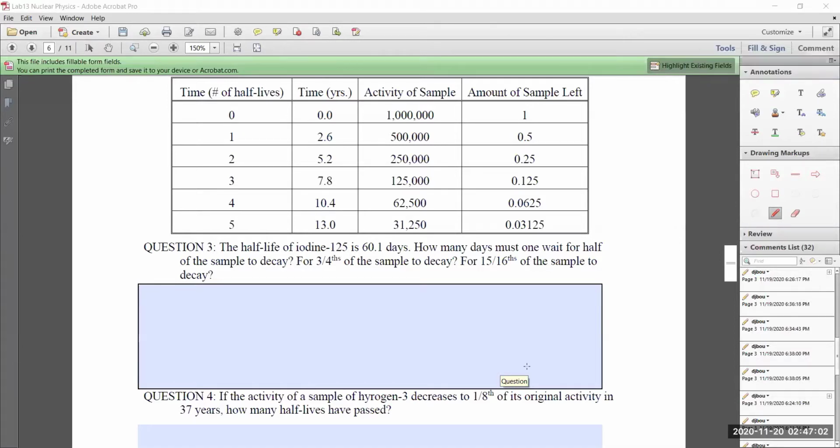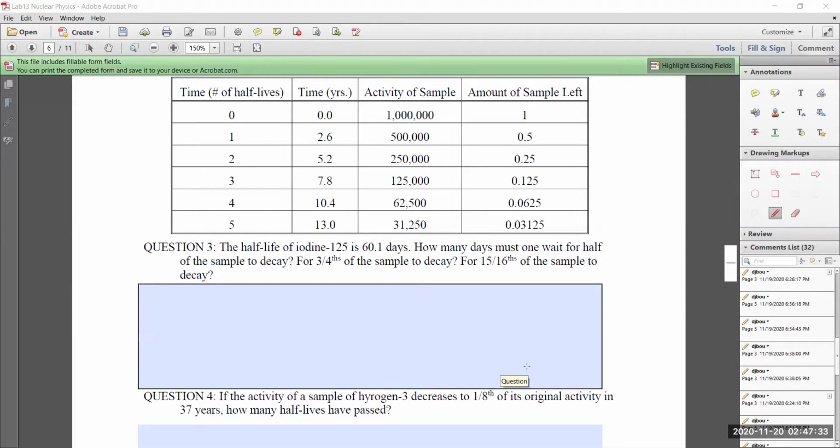After the first 60 days, how much do you have left? Half. Now you will lose another half of what you have left in another 60 days. So you lose another quarter, basically, in another 60 days. Oh, that's 3/4, of course.